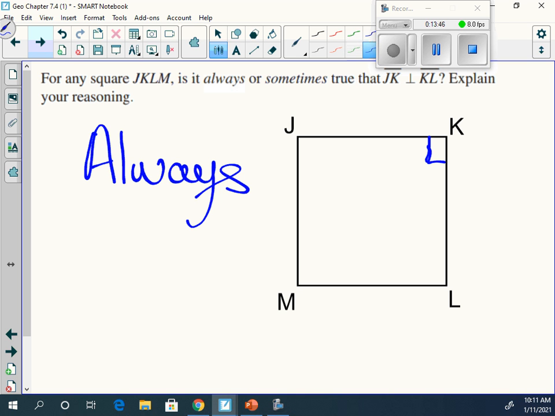Well, if it's a square, all 4 angles are going to be what? Right angles. Because that's by definition what a square is. It also has all 4 sides congruent. So by definition, a square has 4 right angles. So each of the sides would be perpendicular to each other. JK and JM would be perpendicular, as well as our other 2 sets. Because all 4 angles are going to be right angles. Questions on this here?